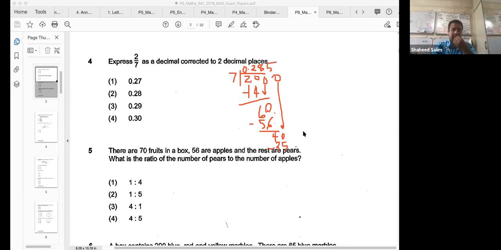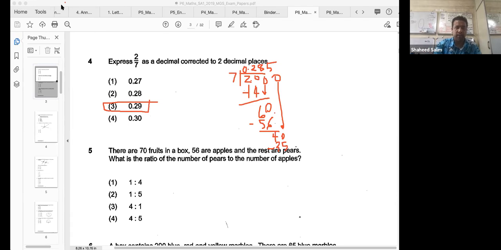And it continues. They ask you now to 2 decimal places. That's why you make to the third one. This one have to plus 1. 5 down here have to plus 1. 0.29. Okay, I hope you get this is correct, right? Question number 4.